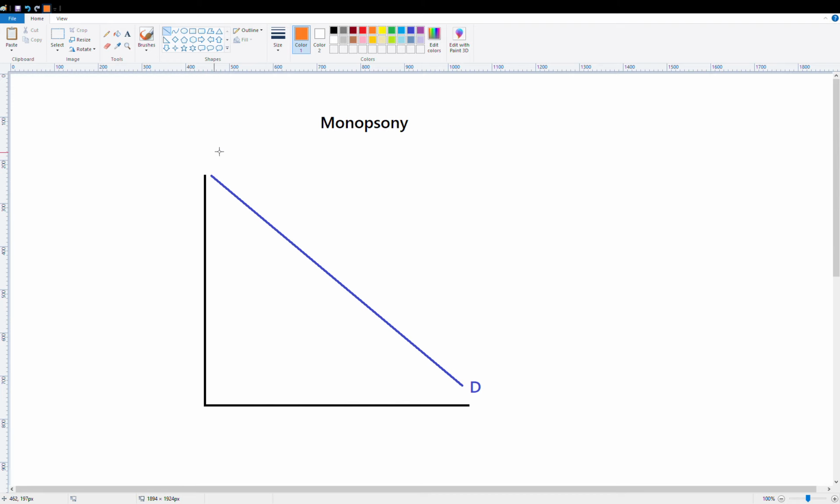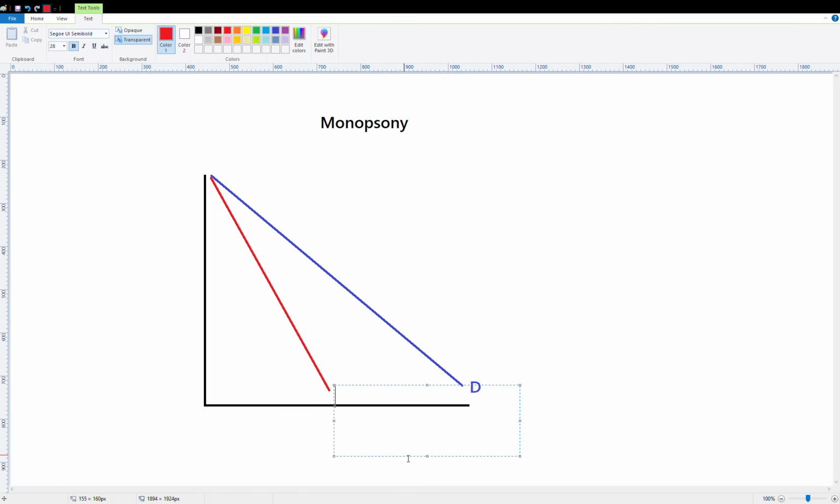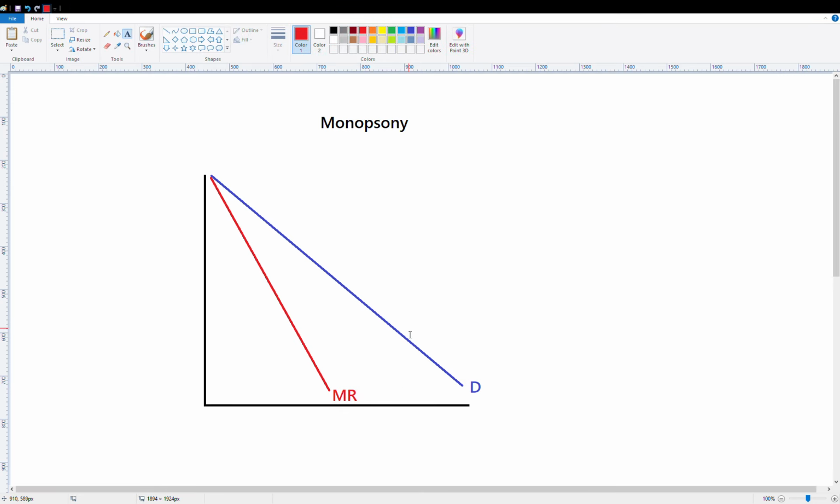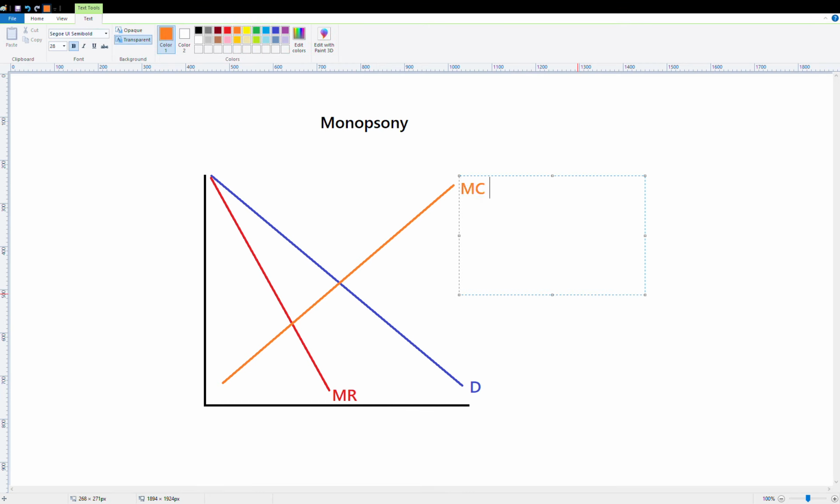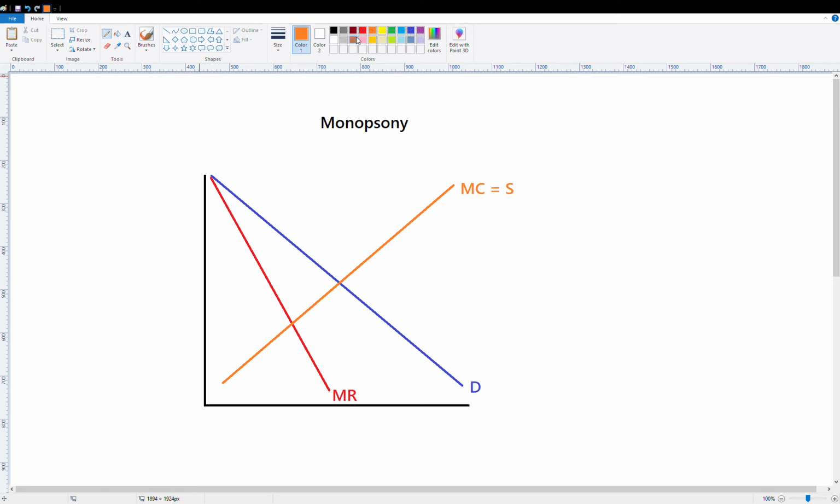Then there's a marginal revenue that goes down like this, and then there's the MC, which acts like a supply curve, because the firm is the only one, so it's its own supply curve. The amount that they produce is where MR is equal to MC.